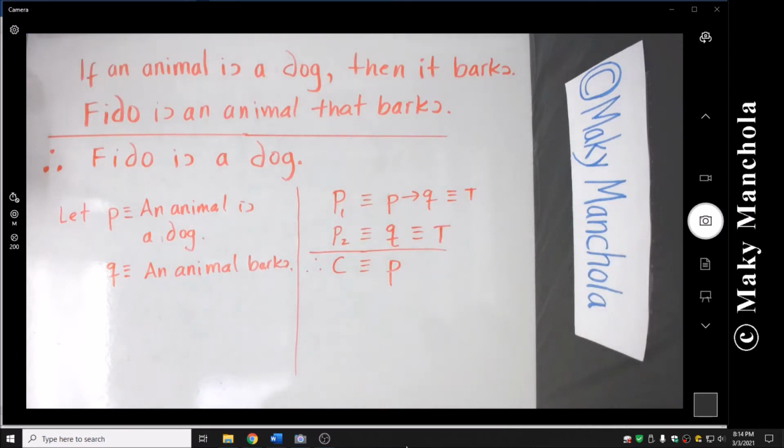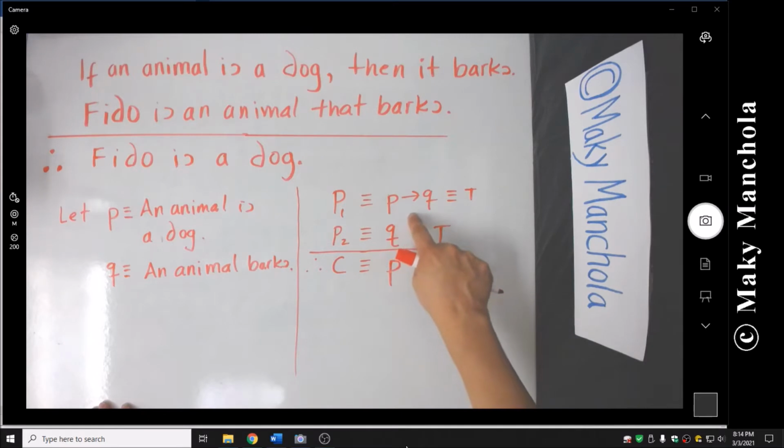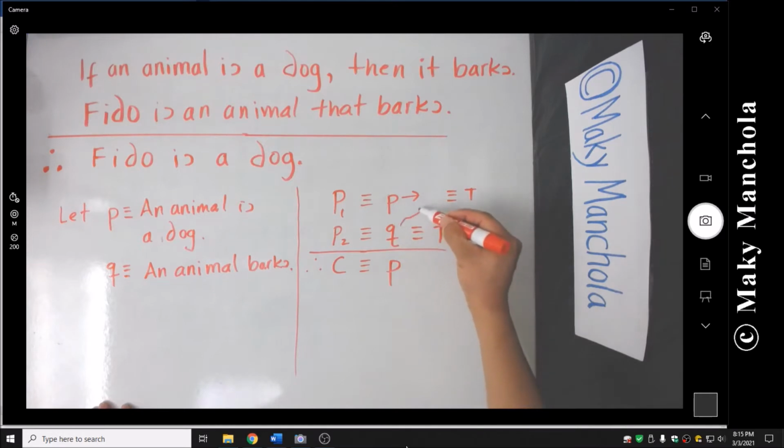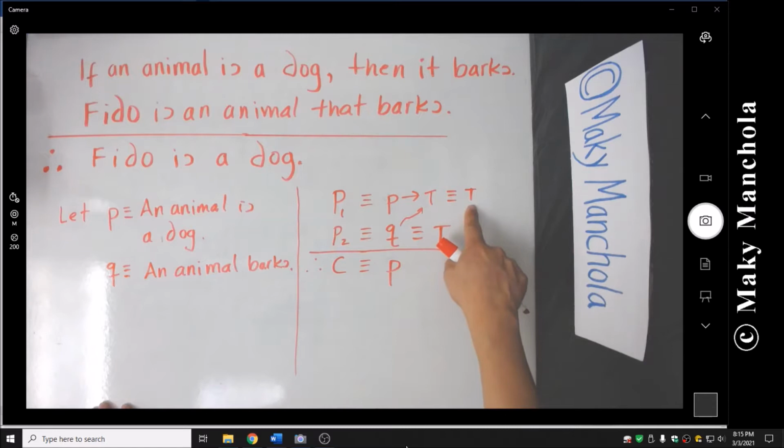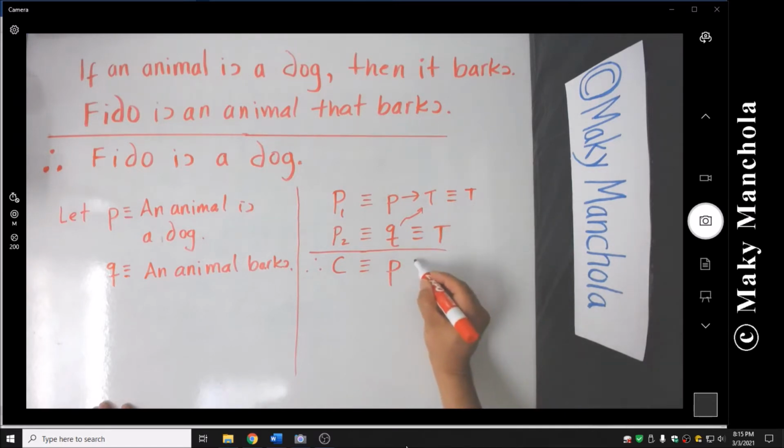Now here, our second premise, Q, is true. That automatically makes our first conditional P implies Q true. And we're saying that that happens to be true.